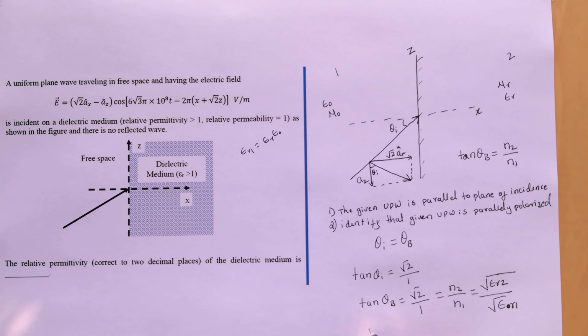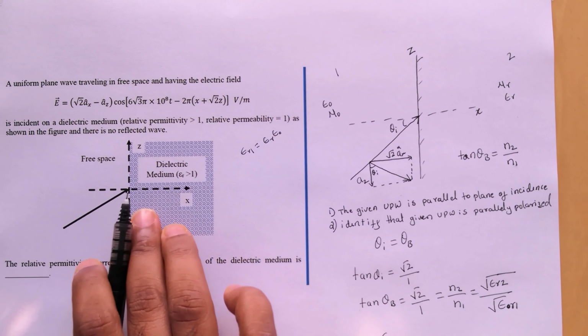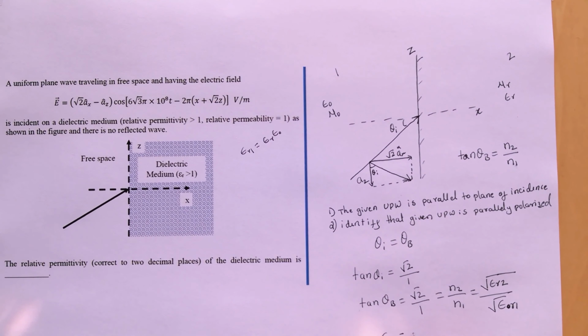From this we can figure out that epsilon r, which is the relative permittivity of the dielectric medium, is just 2. So once you identify that it's Brewster's angle, it's pretty quick.